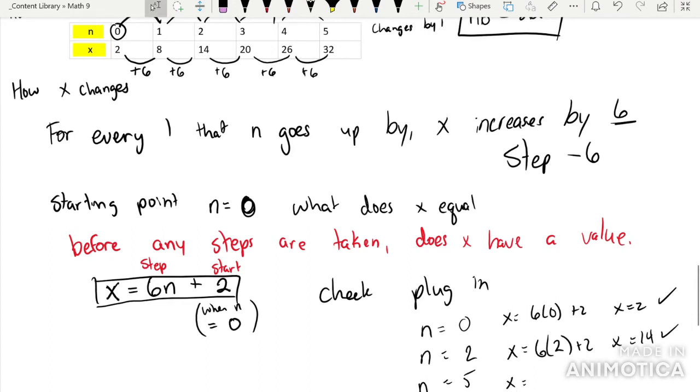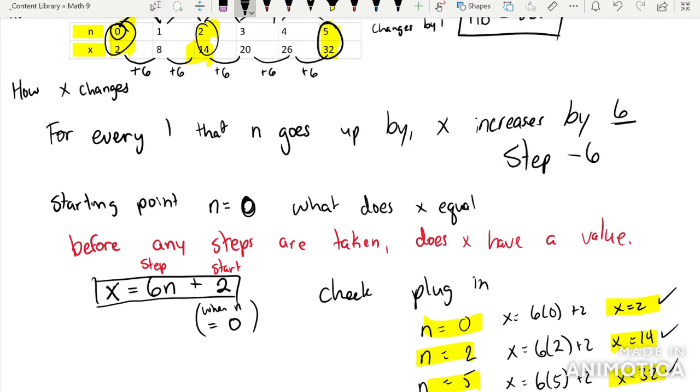So I would get x is equal to 6 times 5 plus 2. So I got 30 plus 2, so x is equal to 32. Okay, I know for certain that I'm good because I have these pairs here, and they match up perfectly. So notice how I have n equal to 0, x equal to 2, n equal to 2, x equal to 14. I'm basically just taking these and turning them into an equation.